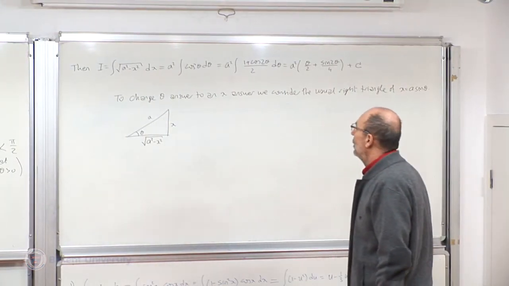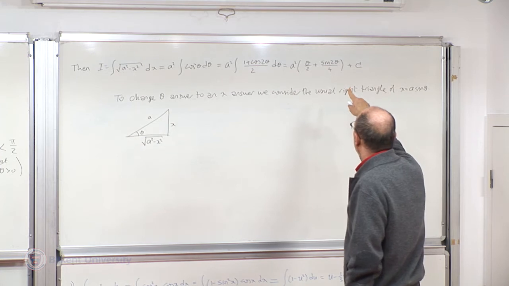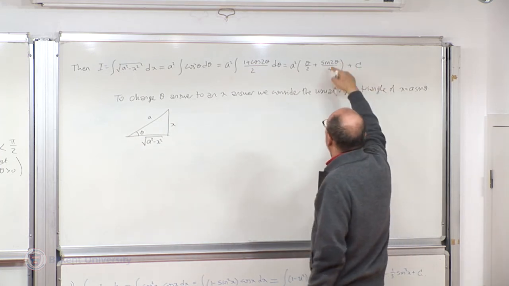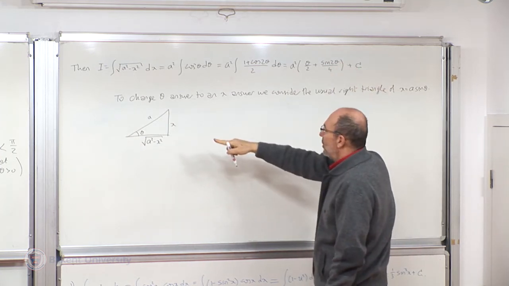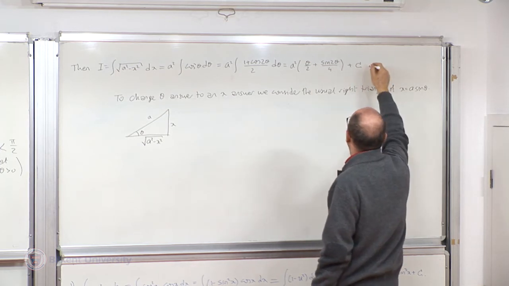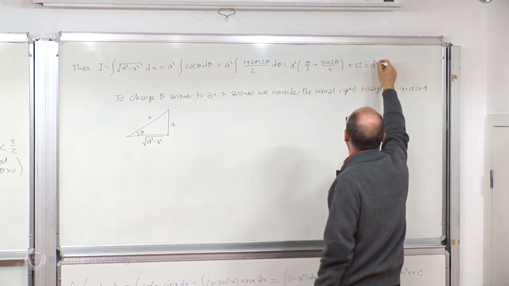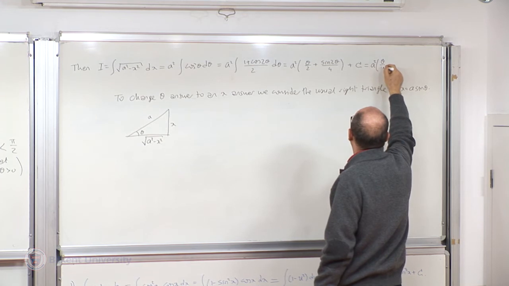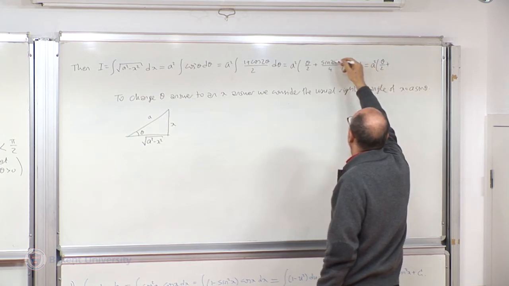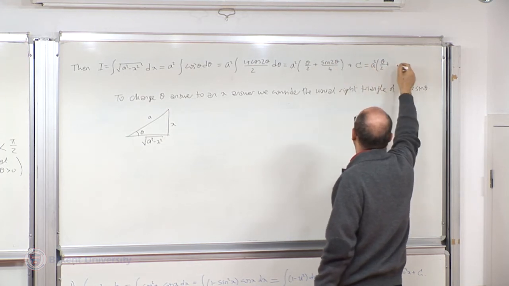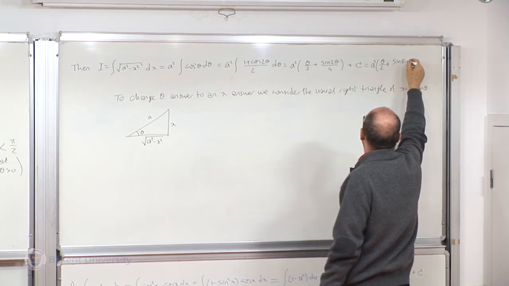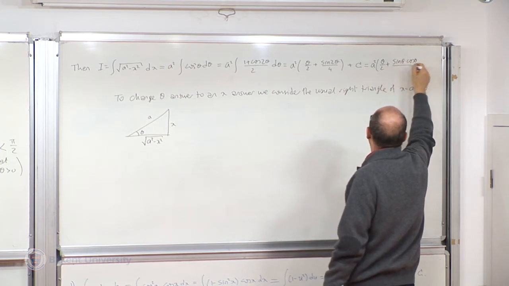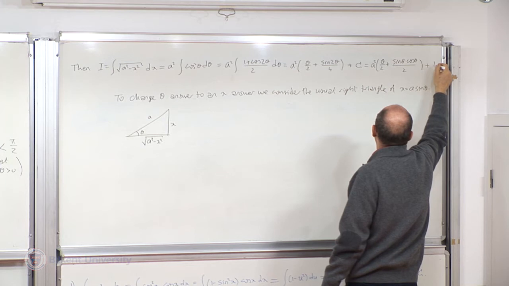Now we have to undo this. Instead of sine 2 theta, let's make this easier: a square theta over 2 plus, this is 2 sine theta cosine theta, so sine theta cosine theta over 2, plus constant.